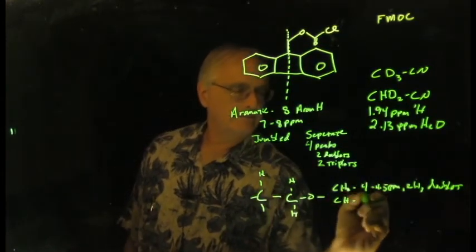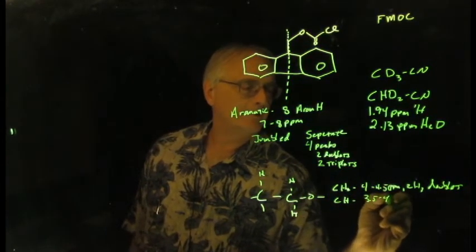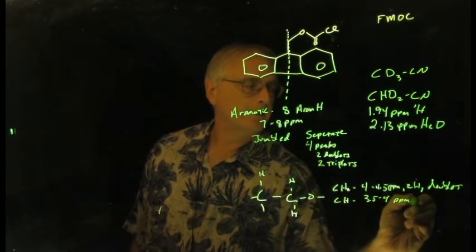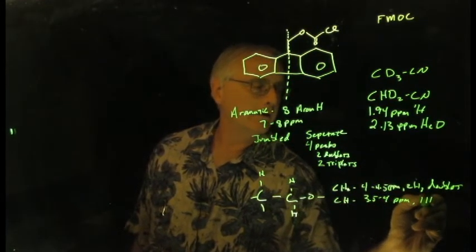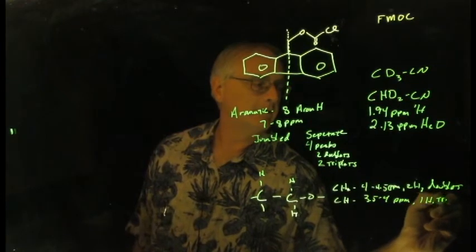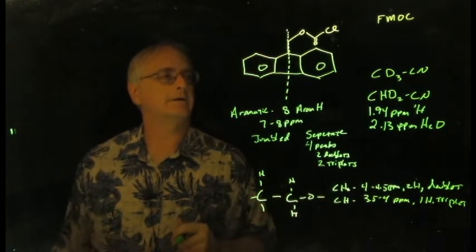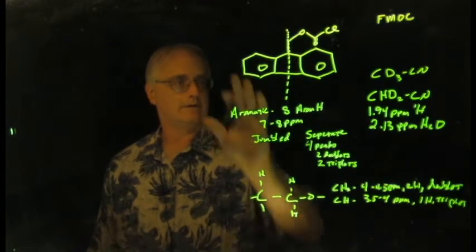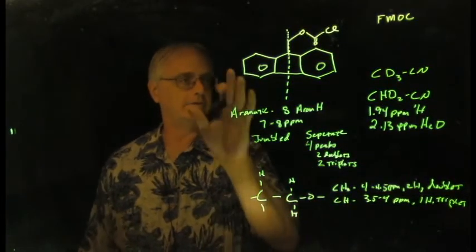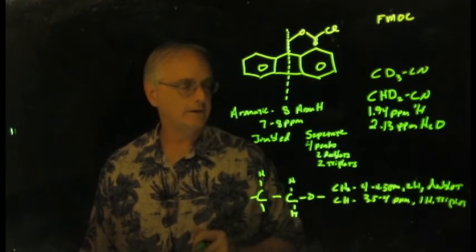Myself, I'm going to give it 3.5, maybe 4 ppm at the most, is my guess. 1 hydrogen, it should be a triplet. And that's it. There are no other protons in this molecule. The symmetry renders those two sides of the aromatic rings equivalent to each other.